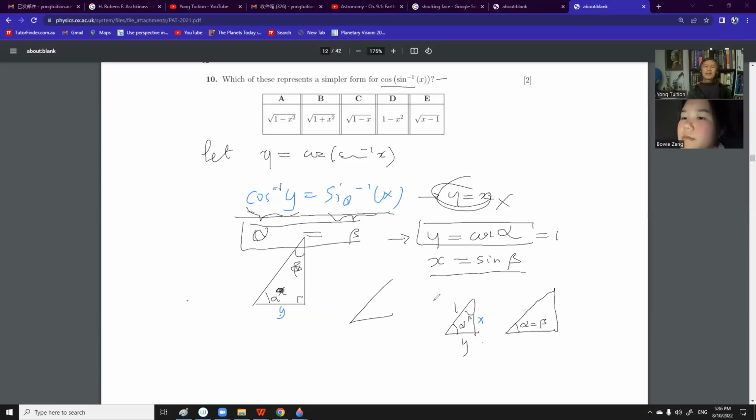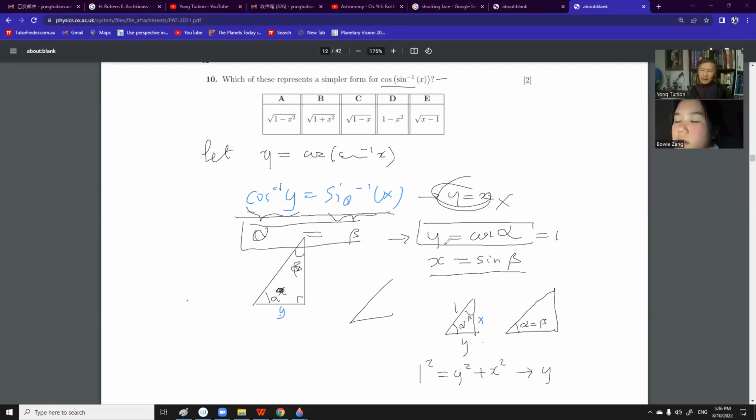Oh, Pythagoras rule will help you. What is 1 square will equal to y square plus x square? We solve. So what is y? How do you know hypotenuse is 1? Well, because you see this y, by definition cosine alpha, it must be equal to 1.